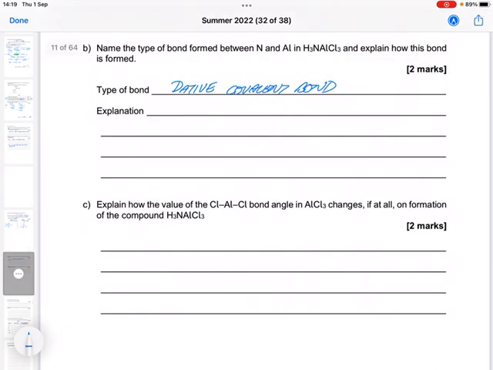So a dative covalent bond, remember this is where both electrons in the covalent bond are donated by nitrogen.